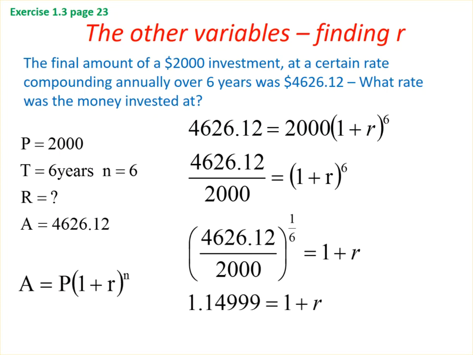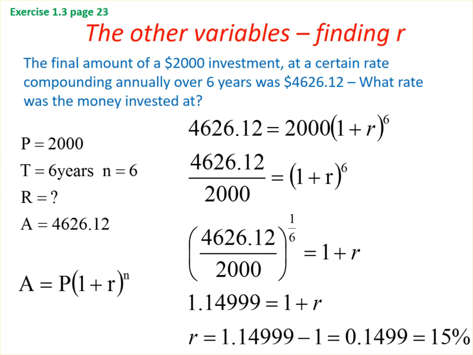1 plus r equals approximately 1.15. And what do we need to do to get r by itself now? Yep, take away 1 from both sides. As a decimal, what do you need to do? Times it by 100. Yep, and it turns it into a percentage. Yeah? So any questions?